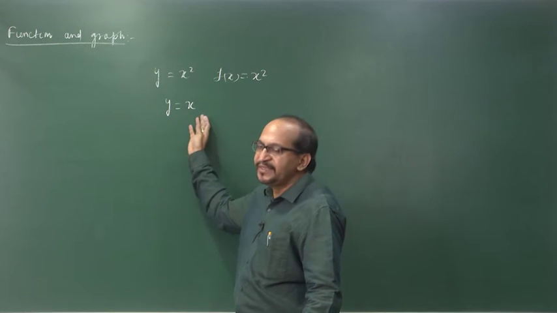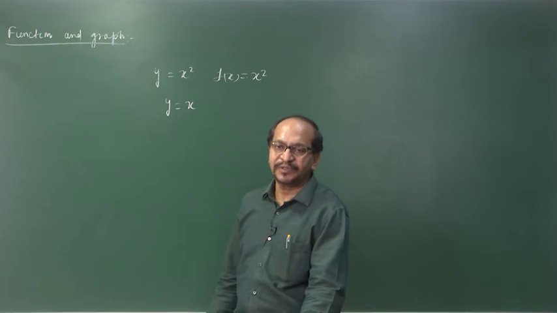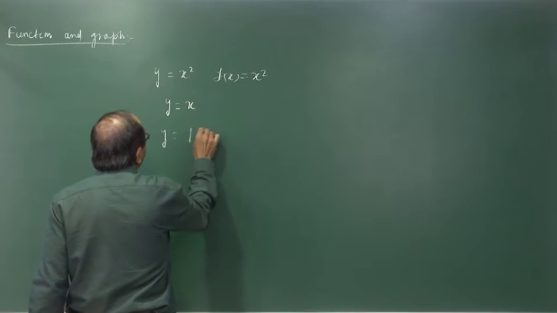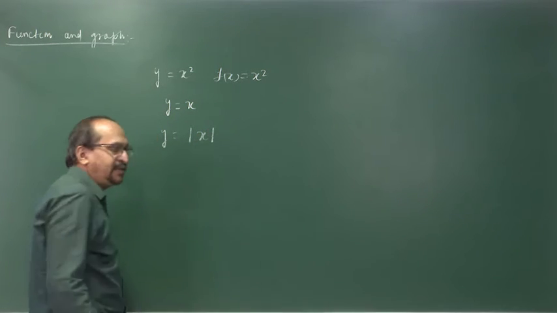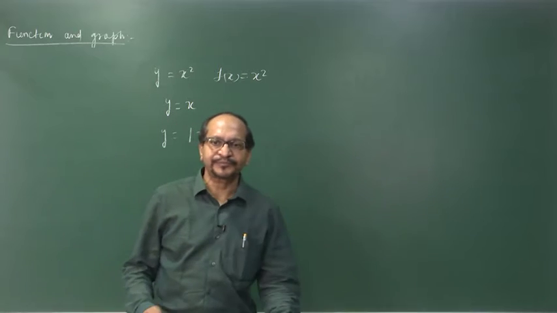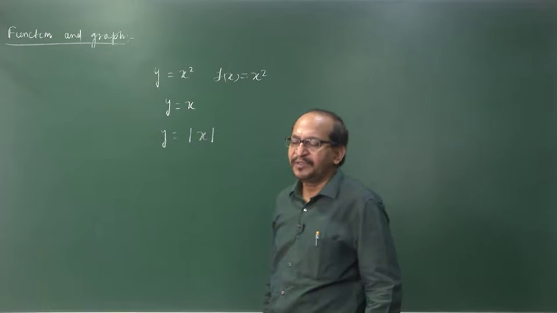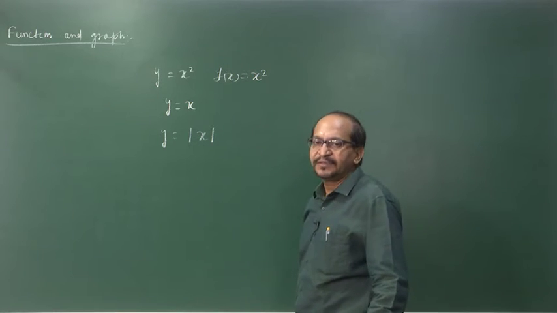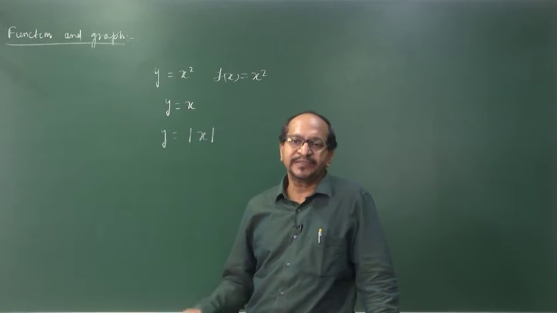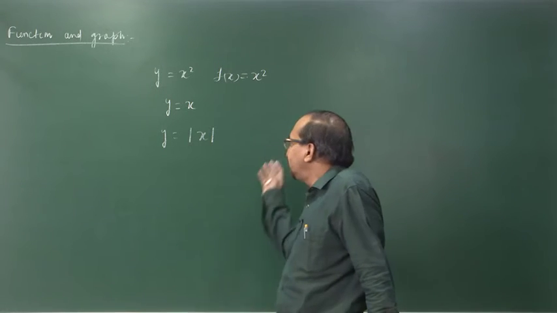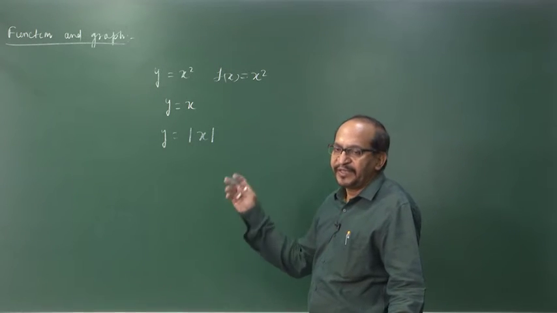When we consider y is equal to absolute value of x, again the domain is the real numbers, while mod of x is always positive. So, the range is only positive real numbers. Okay. So, this is how we define the domain and range.